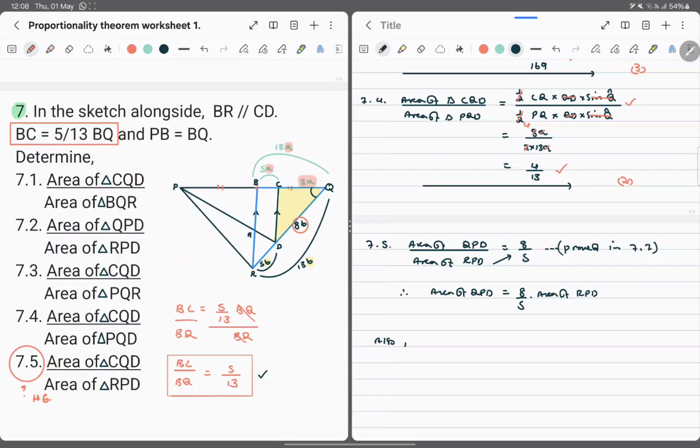What else did we have? At 7.3, we had this CQD and PQR. Wait. That was CQD. Okay, CQD corner. I want QPD. Why do I have QPD? Yeah, QPD.